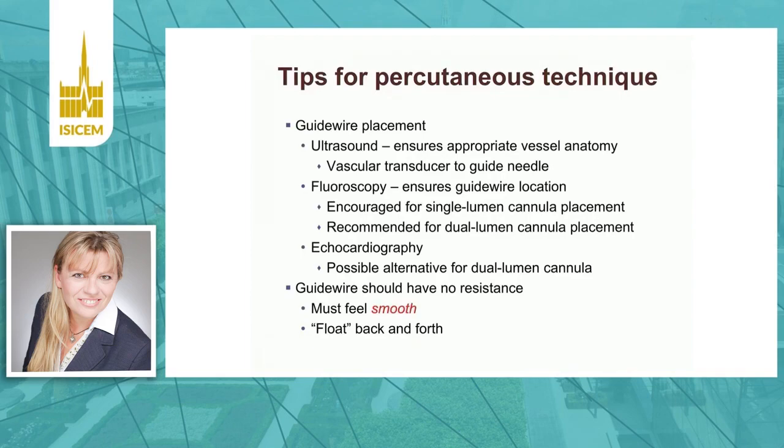In some centers, echo is also used for dual lumen cannula placement, and it's a possible alternative. The guide wire should meet no resistance and must feel smooth and float back and forth.